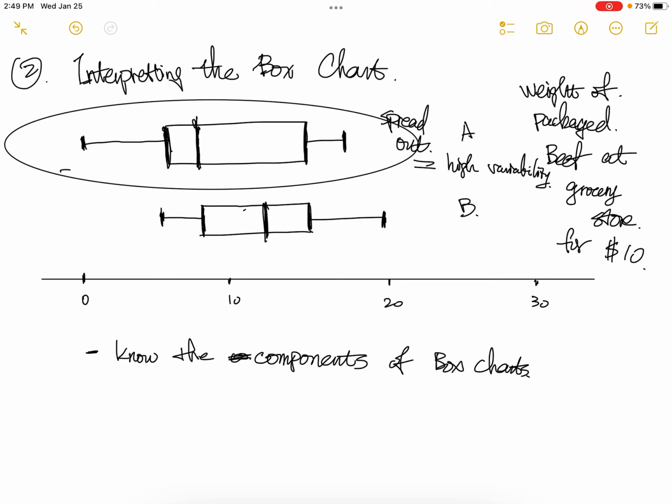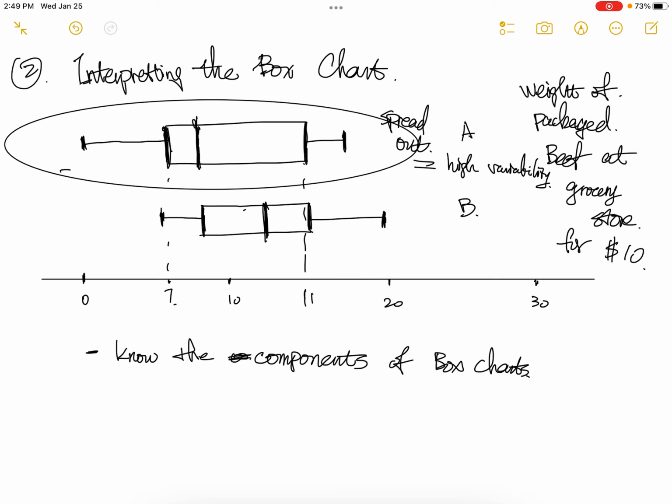One package may be, this is very exaggerated, one package may weigh, let's say, 7 pounds, and then the next package may weigh like 11 pounds, right?